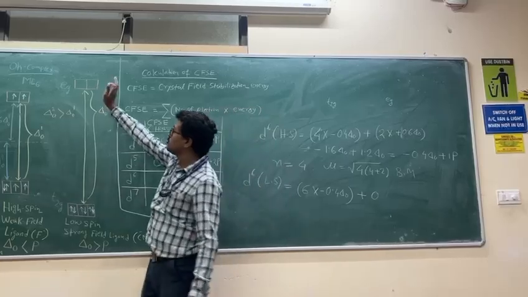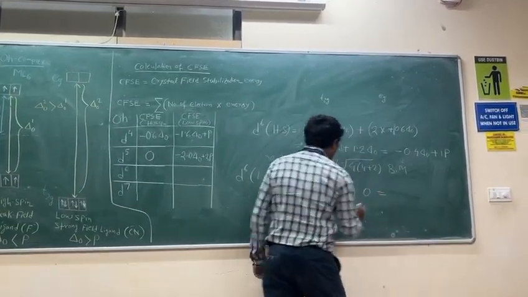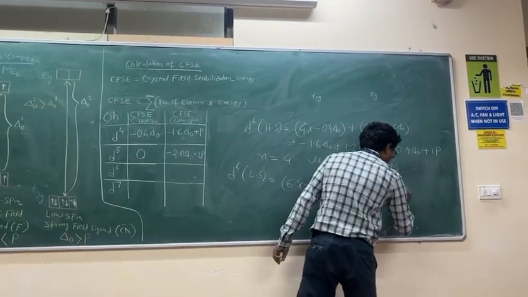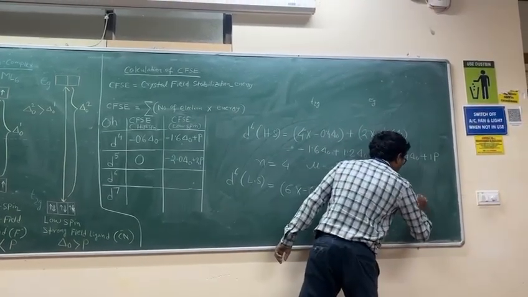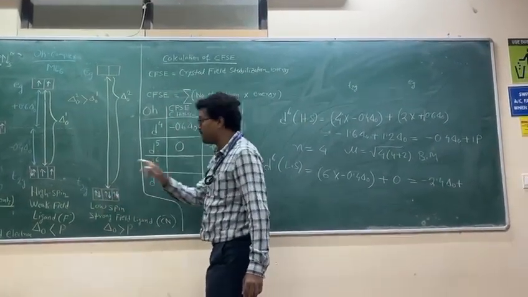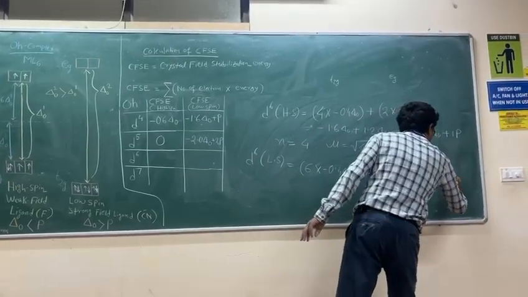EG level is vacant, so no energy means 0. So overall energy will be minus 0.4 into 6, which is minus 2.4 delta O plus pairing energy. There is 1 pairing, 2 pairing, 3 pairing. So 3 pairing means there will be plus 3p.